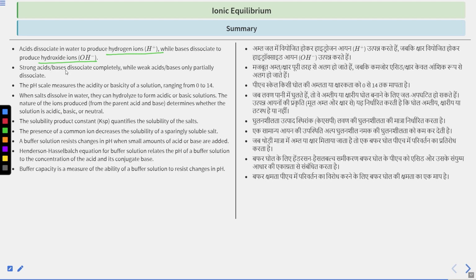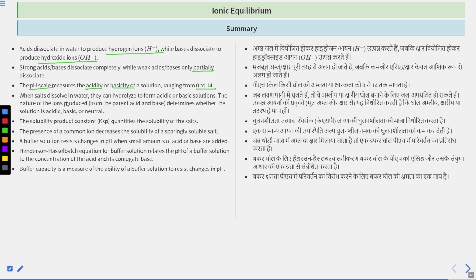Strong acids or bases dissociate completely, while weak acids or bases only partially dissociate. This is the difference between strong acid or strong base, and weak acid or weak base, right? The pH scale measures acidity or basicity of a solution ranging from 0 to 14.